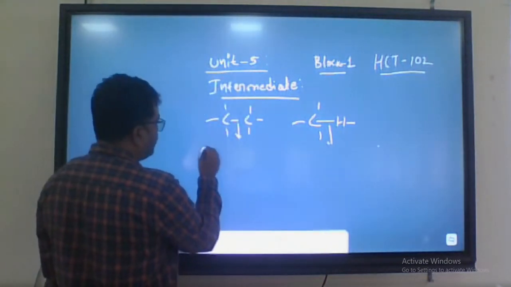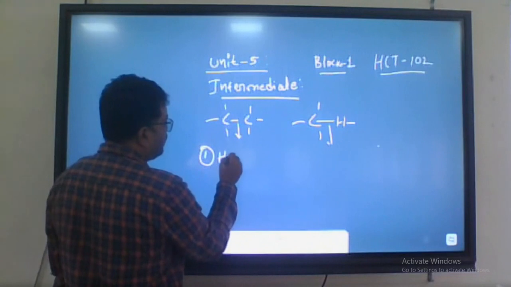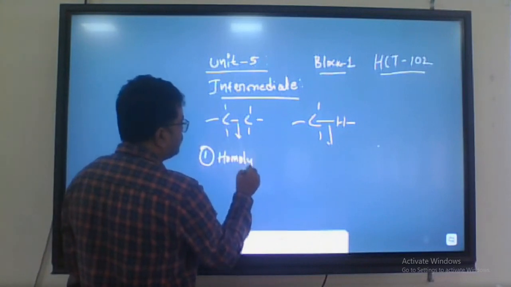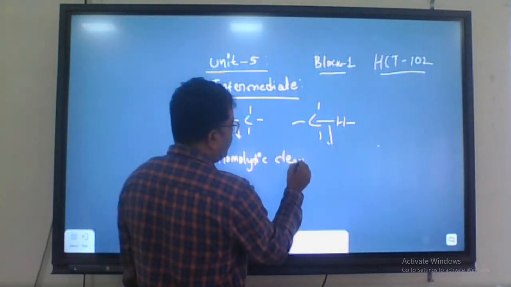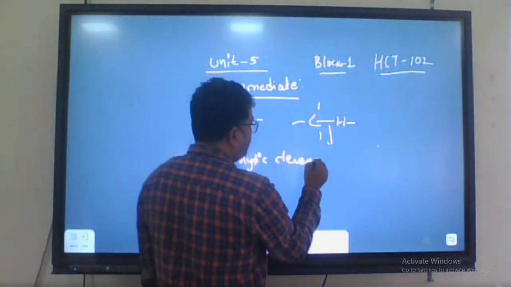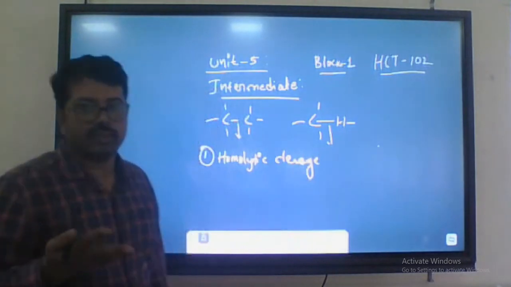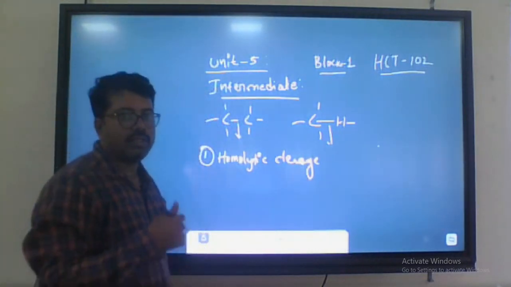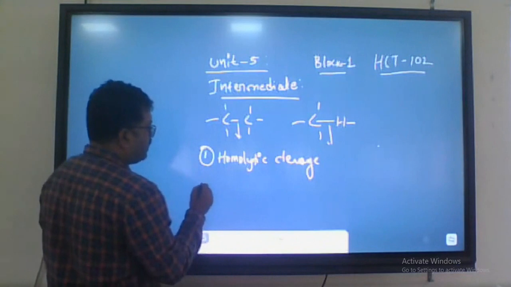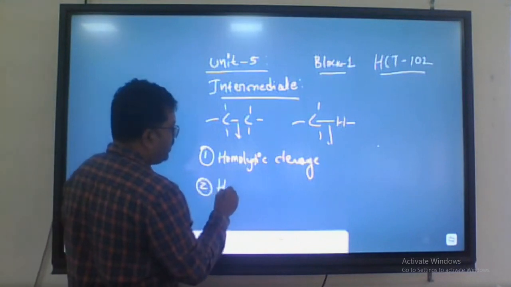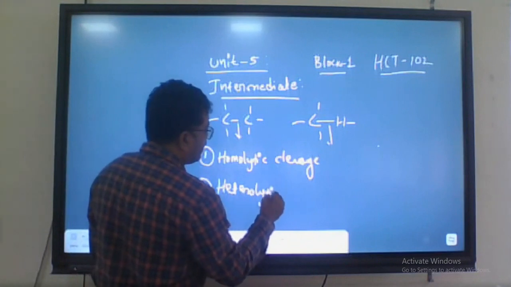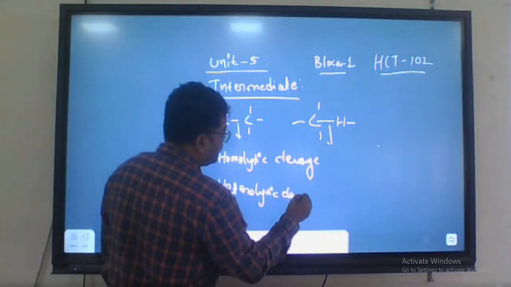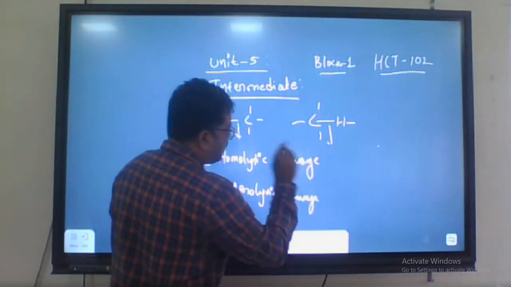One type is homolytic cleavage, and another one is heterolytic cleavage. A covalent bond can be cleaved into two types.